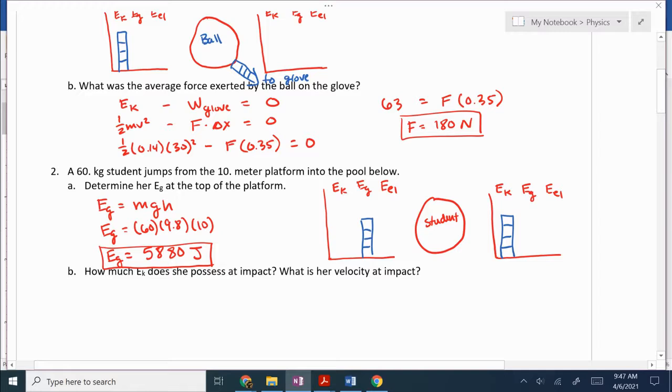How much kinetic energy does she possess at impact?